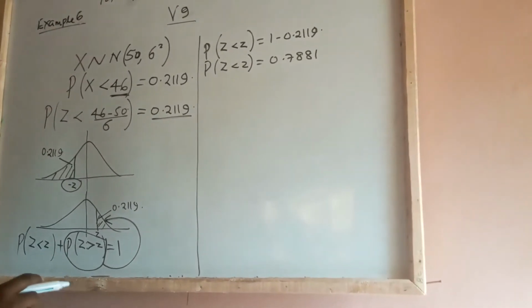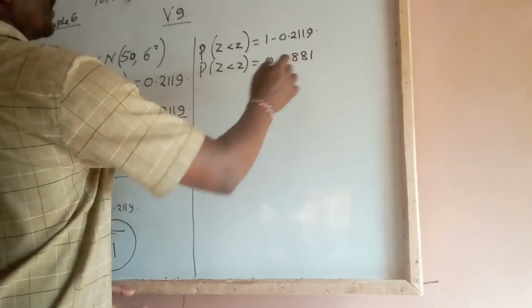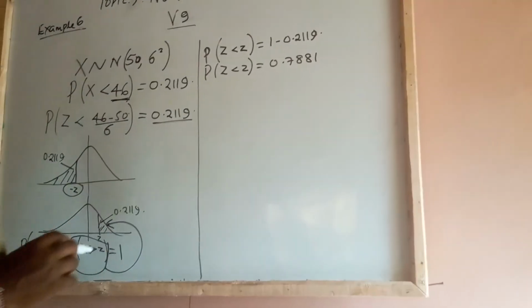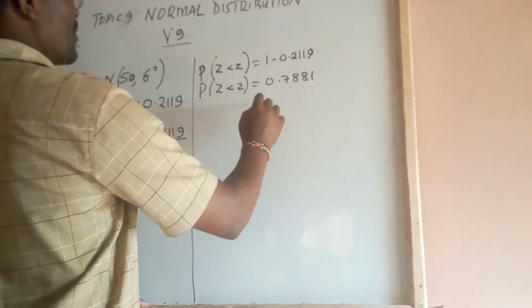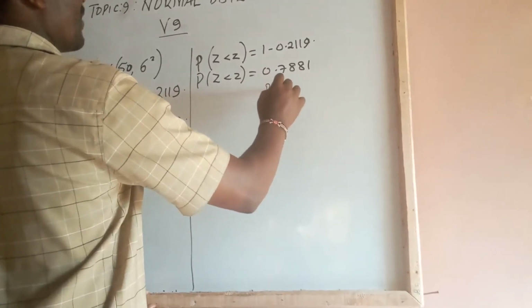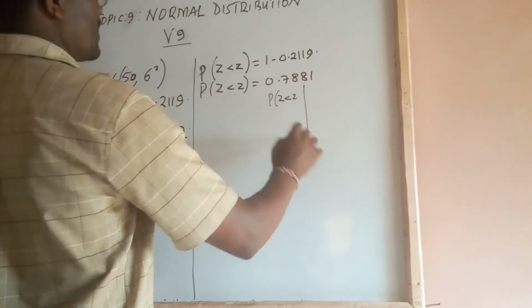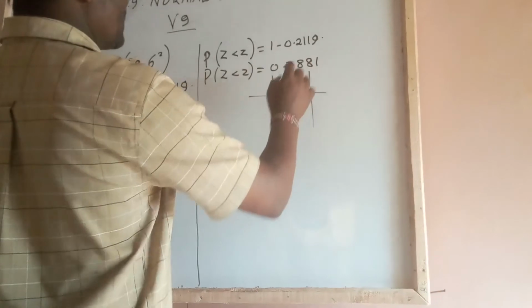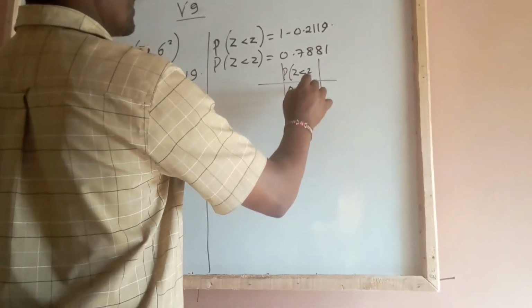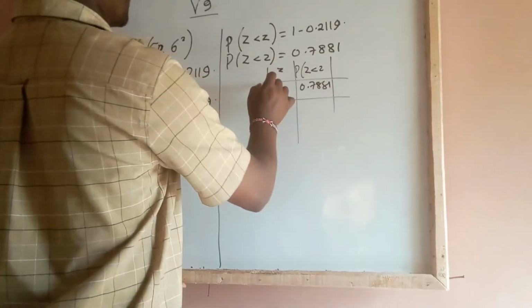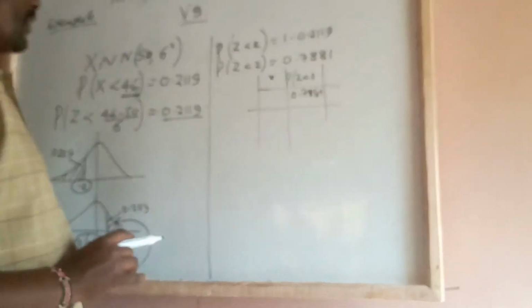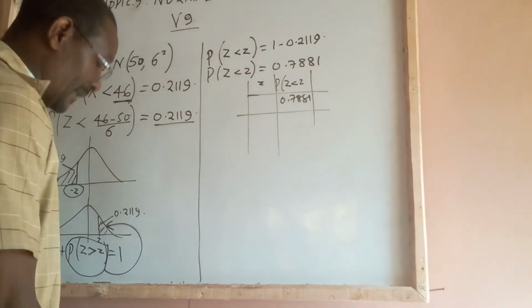Having said that, now we need to go to the table on page 201 and identify the position of this probability, 0.7881, and see what the corresponding value of z is, or rather what the boundary is.